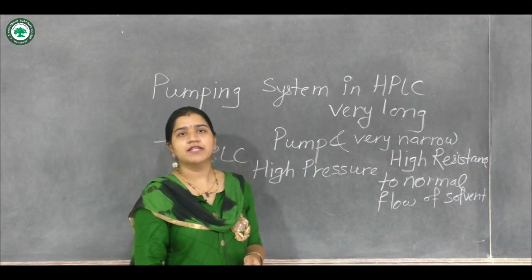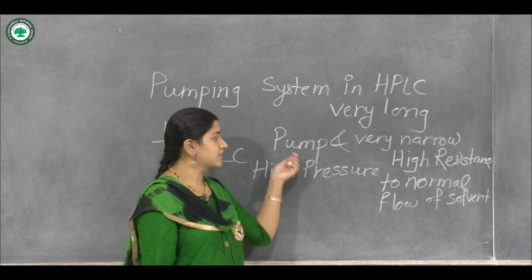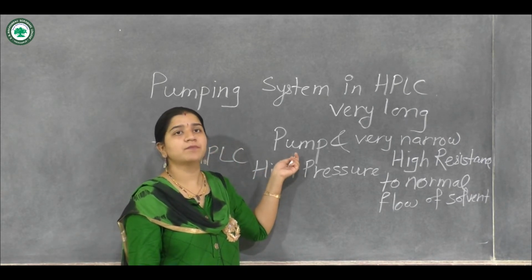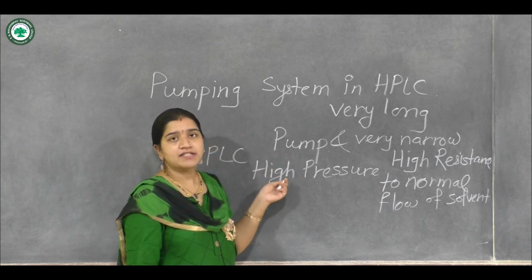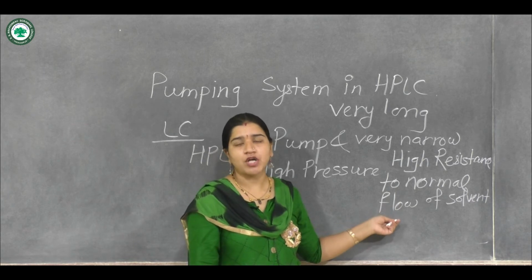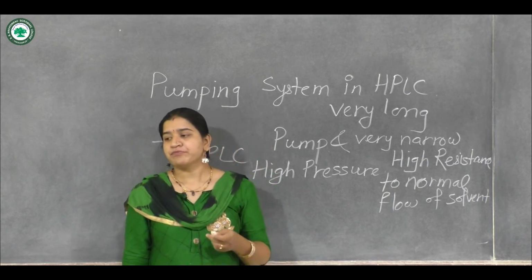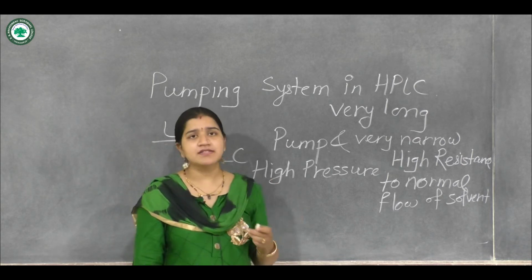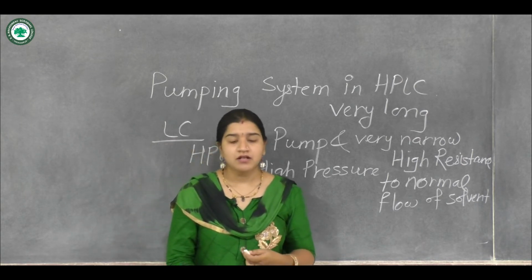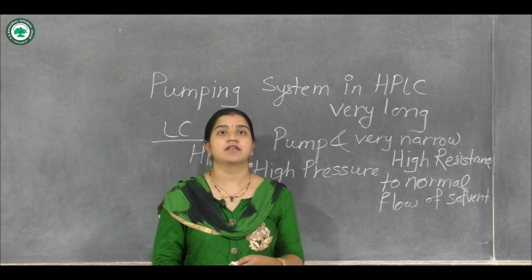As there is very high resistance to the normal flow of a solvent, it is necessary to use the pump. What the pump does is apply high pressure on the solvent so that it can normally flow through the HPLC column. This is the purpose why we are using pumps in HPLC.